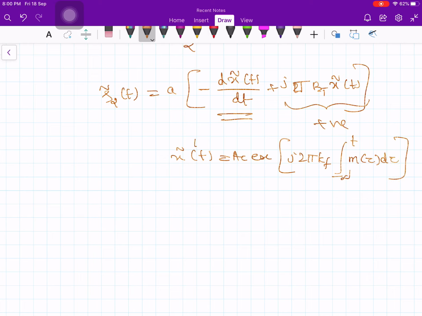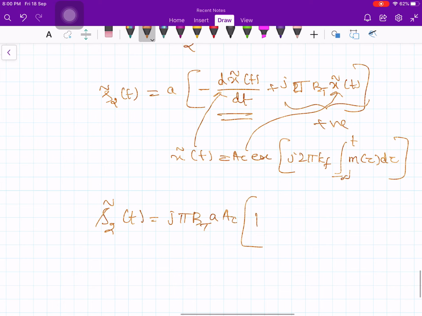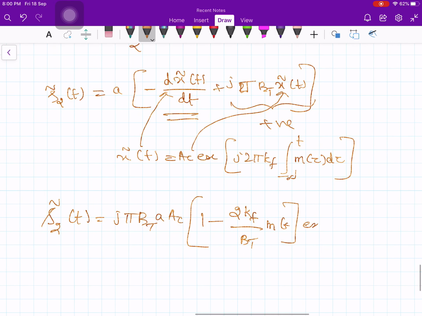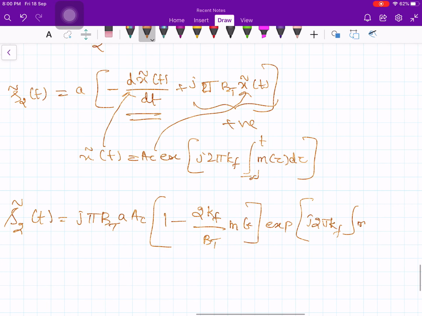So differentiate once and substitute here, and then the final expression I am writing here: s2 tilde of t is equal to j times pi b suffix t small a capital AC multiplied by 1 minus 2 kf divided by b suffix t times m of t multiplied by exponential of j times 2 pi kf integral of m of tau d tau.